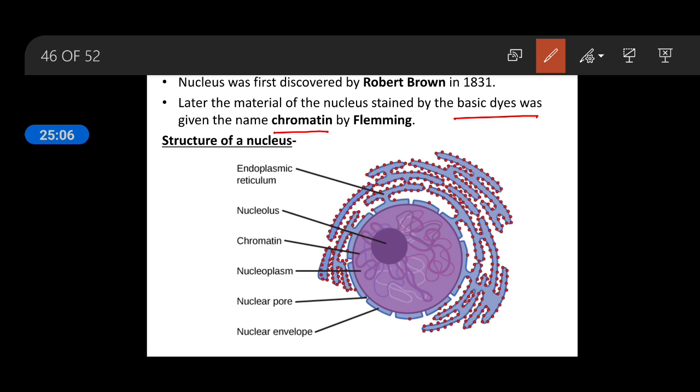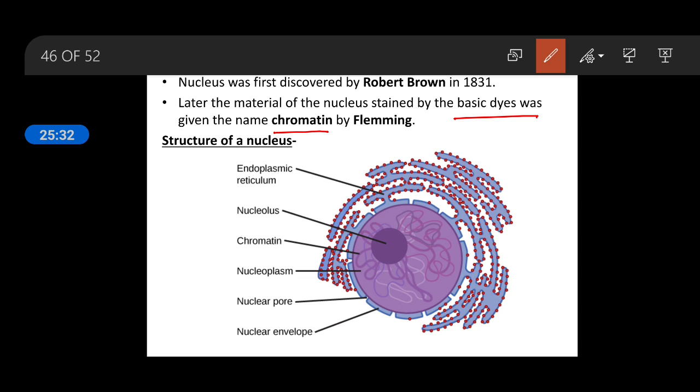Because chromatin is actually DNA. DNA is acidic in nature, because it is deoxyribonucleic acid, so it can be stained by basic dye only. Fleming was the scientist who stained this chromatin and explained it forward.